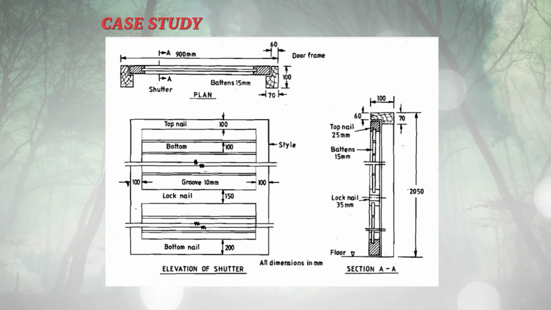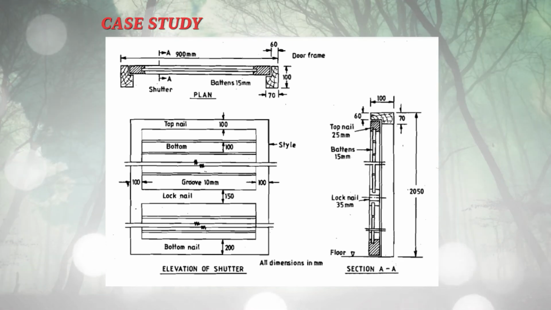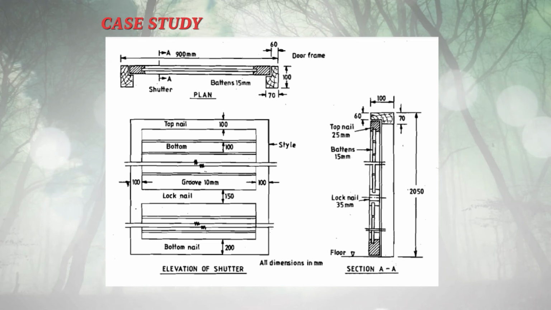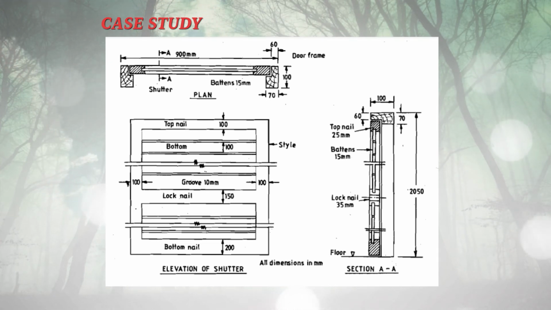Now this is giving only the section. From here you can see the thickness of different parts, but the defects are not visible in this figure particularly. What defects are there?